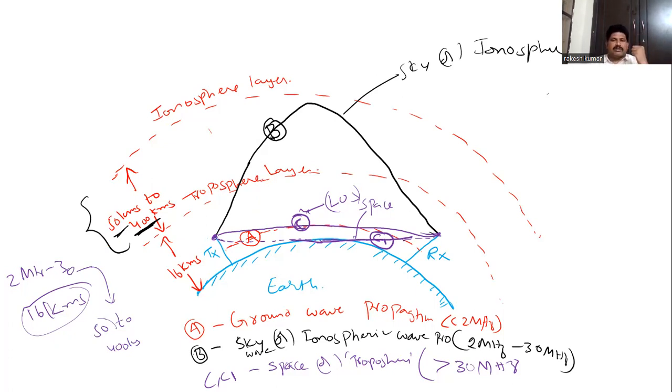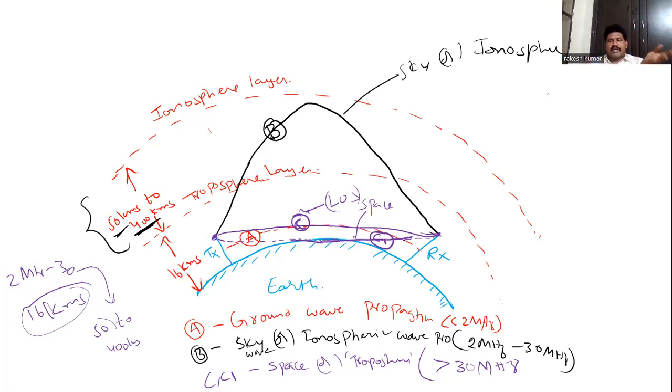The second one is sky wave or ionospheric wave propagation. By using this propagation, I can transmit any signal between 2 megahertz to 30 megahertz.